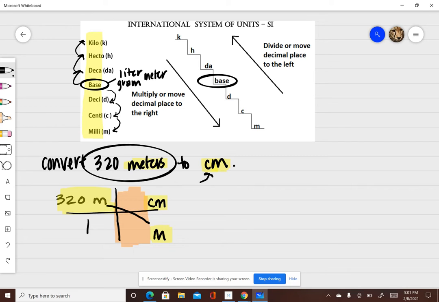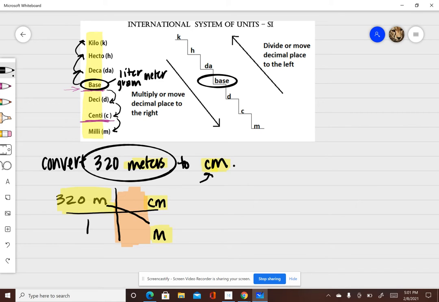So is centimeters or meters higher up on my SI system scale? So centi is here, and meters is my base unit here. Okay, so my base unit of meters is higher up on the scale than centi. So that's going to be my larger unit in this case.